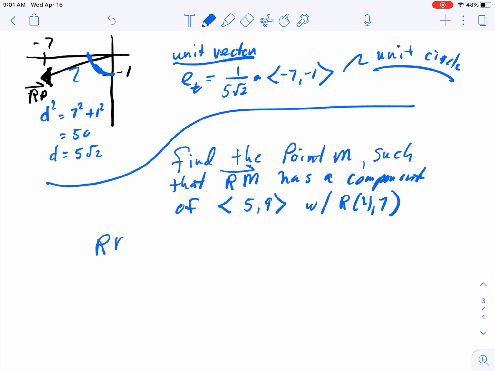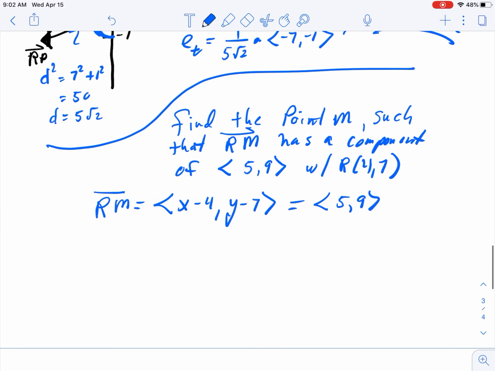So if we're looking for, say, Rm, that would be like x minus 4, y minus 7. And that would equal 5, 9. Okay. So looking at individual components, we have x minus 4 equals 5, y minus 7 equals 9, so x equals 9, y is 16.